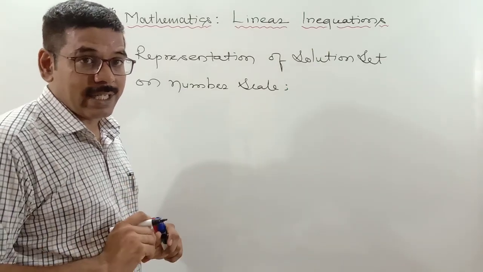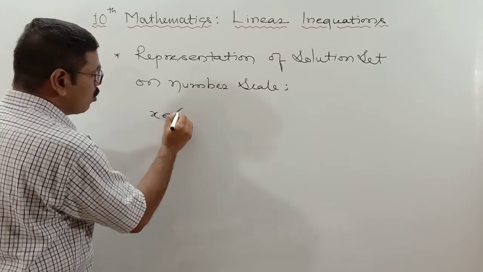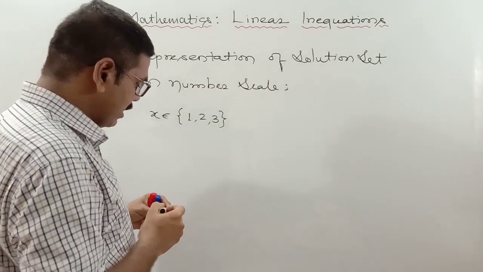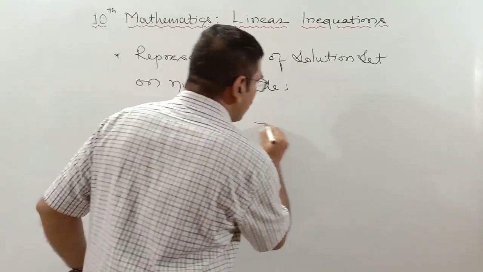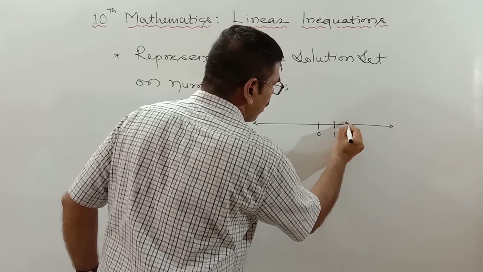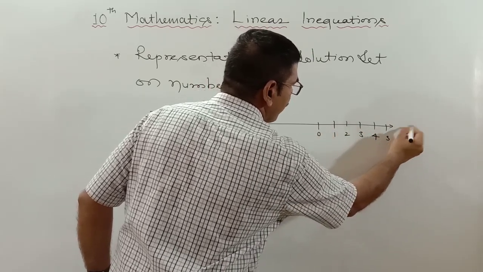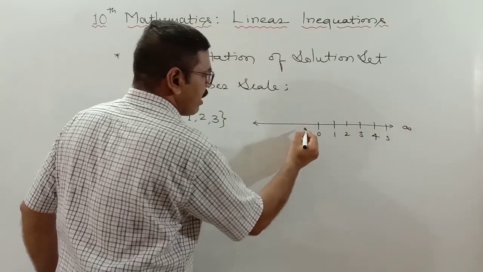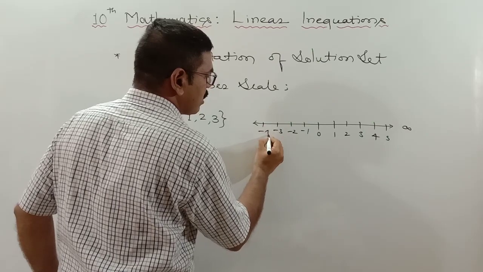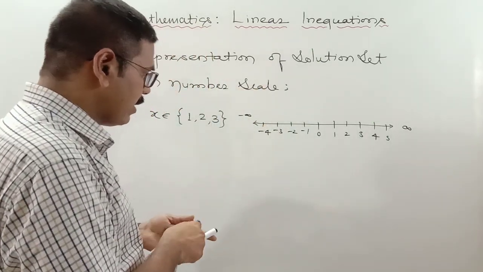That's again very easy. See that. Suppose x belongs to {1, 2, 3}. It is a set of natural numbers. So it is our number scale: 0, 1, 2, 3, 4, 5 and so on till infinity, and -1, -2, -3, -4, to minus infinity.